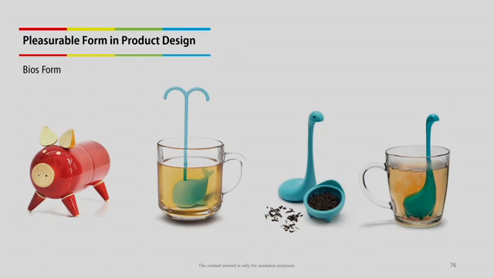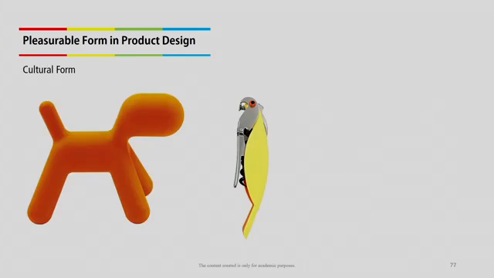Next is bios form. Product forms mimicking animals, human figures, objects or natural elements tend to interest and fascinate viewers. So, keywords related to organic form or objects mimicking natural life come under bios form. Cultural form is a form that suggests social meaning and fits well with the social belief system, values and customs.